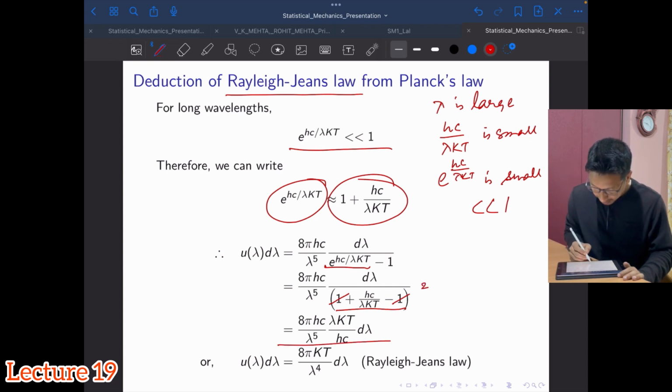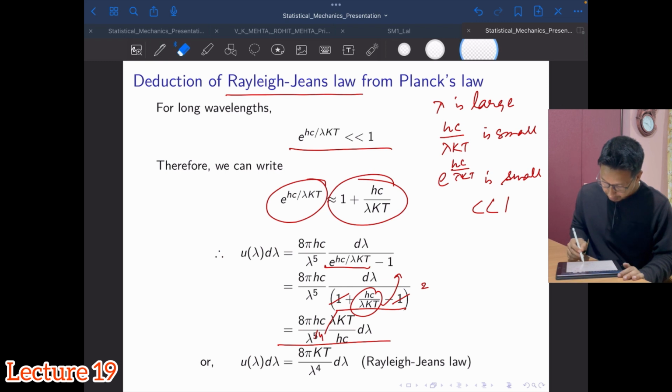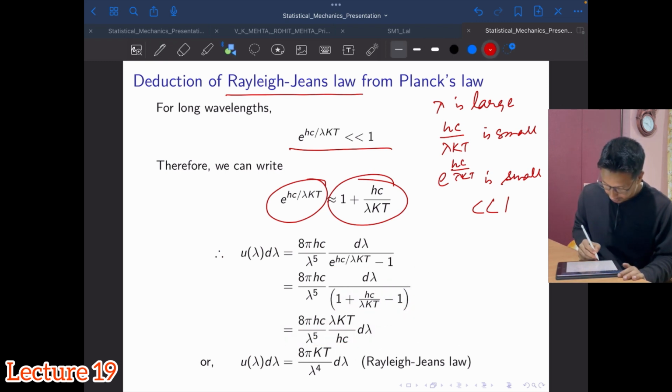So 8 pi hc by lambda to the power 5, and then I can take this up, it will be lambda kT by hc. The lambda and one power cancel out, so it will remain with lambda to the power 4. So I will have the expression of Rayleigh-Jeans law, which we have studied in our previous videos.